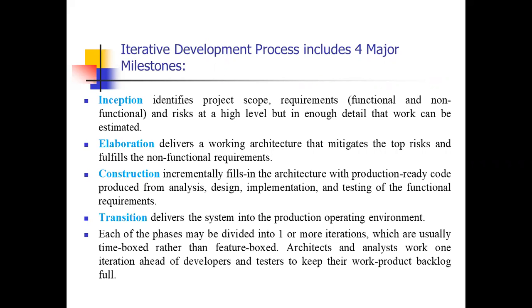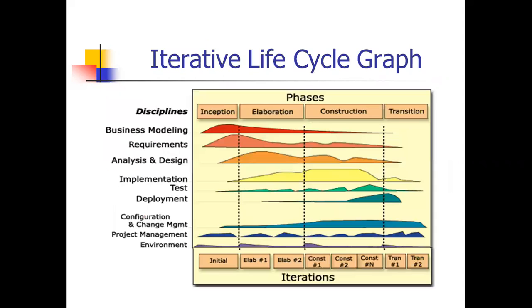These are the four phases of the iterative development process. So here you can see the iterative life cycle graph. These are the four phases of iterative development: inception, elaboration, construction, and transition. Here you can see the disciplines like business modeling, requirements, analysis and design, then implementation and test, then deployment, configuration and change management, project management and environment.